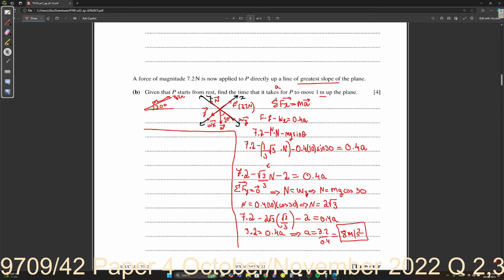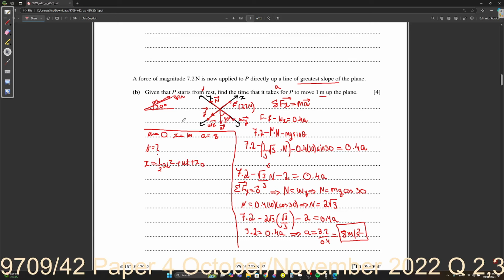Now, how do I find time? It starts from rest, so I have u is equal to 0. I have the distance, x is equal to 1 meter. I have a is equal to 8. I need time. Which formula has x, a, t, and u? Obviously, we're going to use x is equal to half at squared plus ut plus x naught.